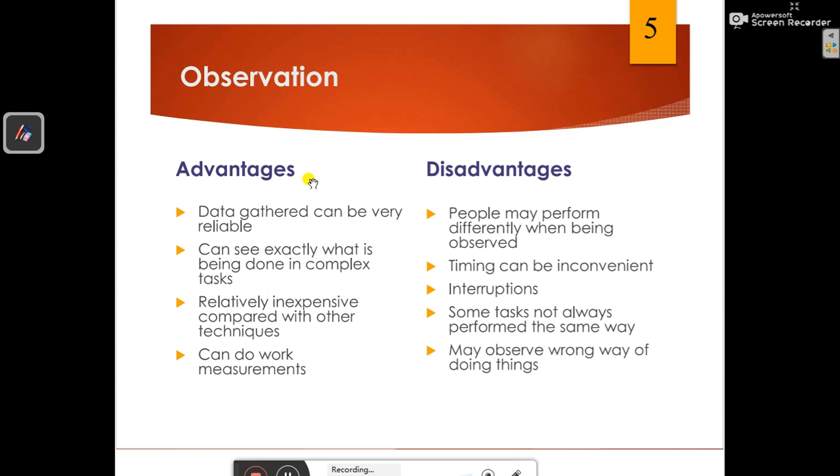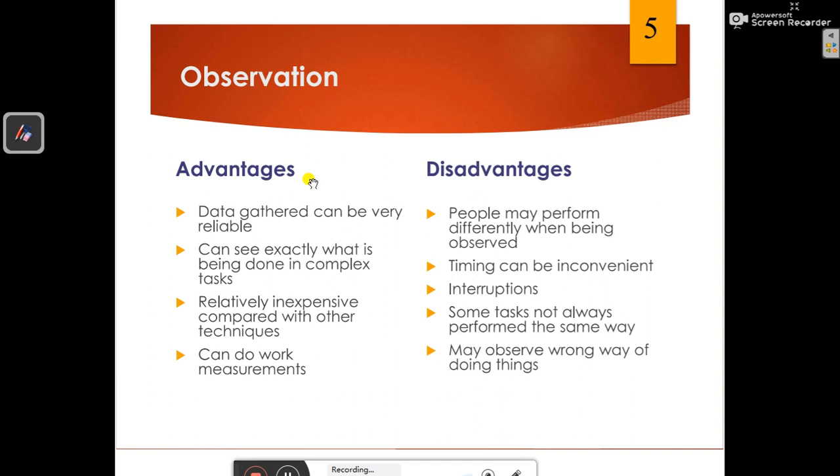The fourth advantage is that we can work on measurements. The disadvantages are that people may perform differently when being observed. People might work differently during the observation and differently in real time. Timing can be inconvenient, and interruptions may occur during the observation.